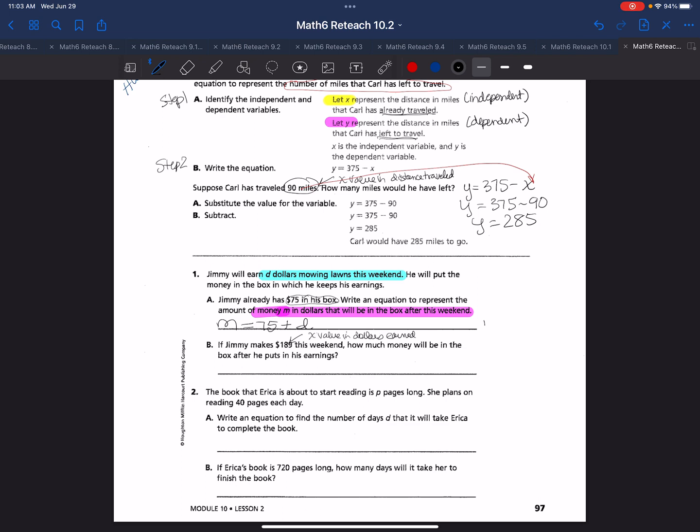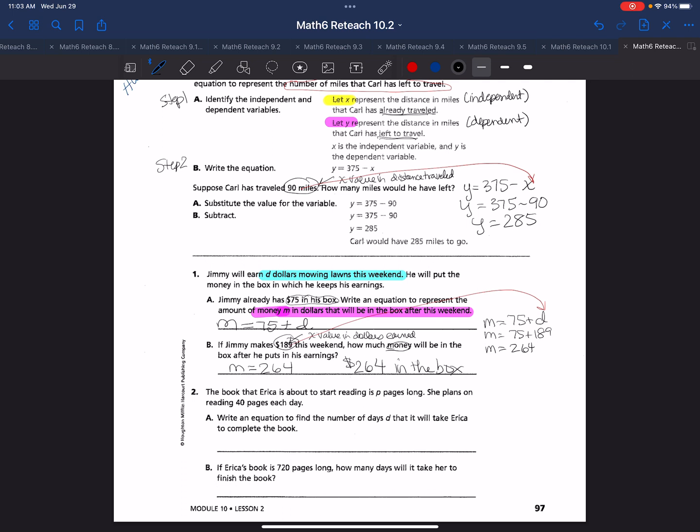So we take the original equation and we put in the 189 into the equation here. And then we go ahead and we just solve that. So we know how much money will be in the box. The money was $264, so we know he will have $264 in the box.